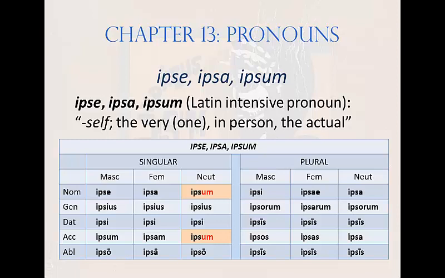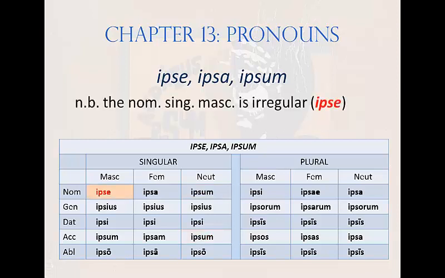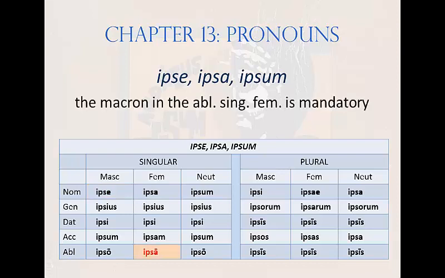And who can complain about that? Even the irregularities are regular if you think about ille. For instance, the nominative singular masculine ipse is perfectly predictable if you compare it to ille. And by now you should be used to mandatory long marks in the ablative singular feminine of any form which follows first declension.